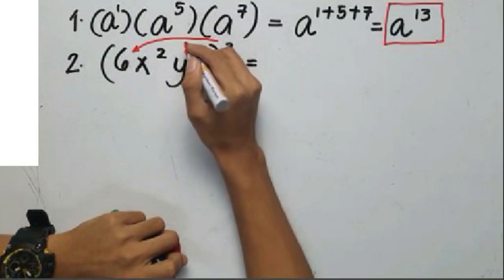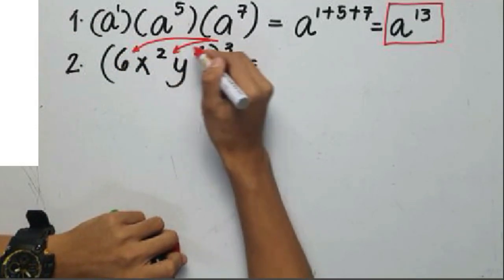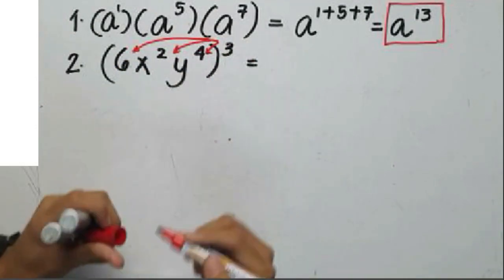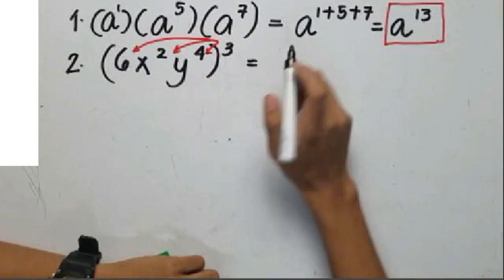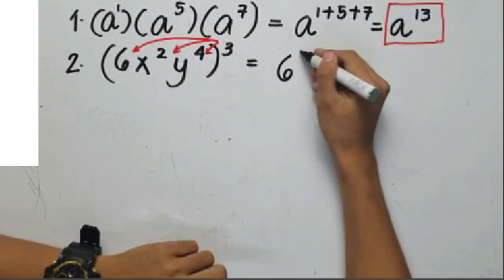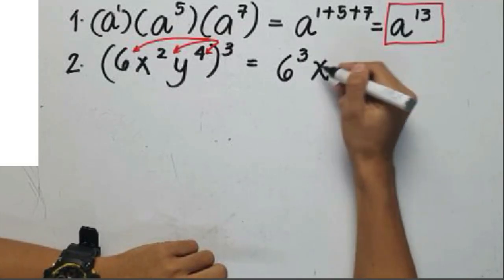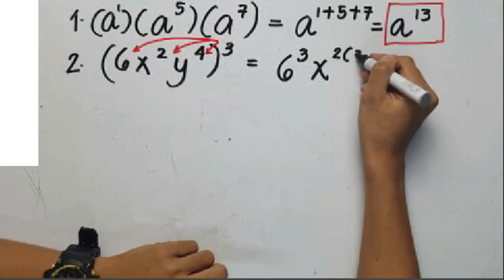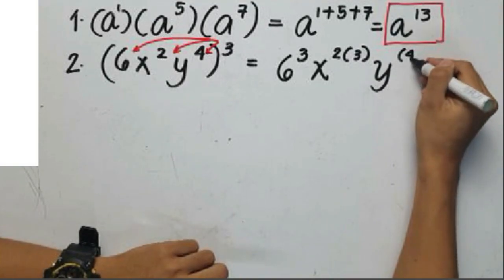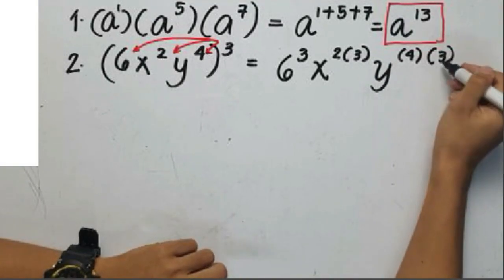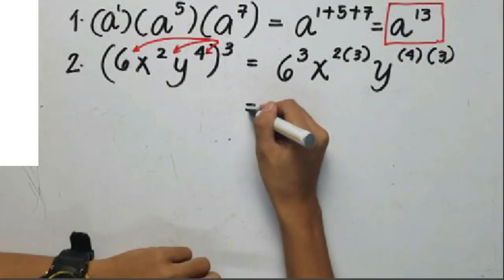So, meron tayong numerical coefficient, meron tayong dalawang variable. Okay? So, according to the power rule, this expression here is just equal to 6 raised to 3, x raised to 2 times 3, and then y raised to 4 times 3.